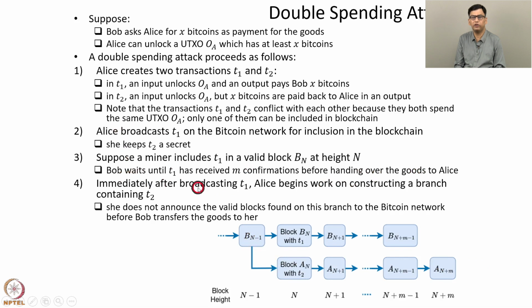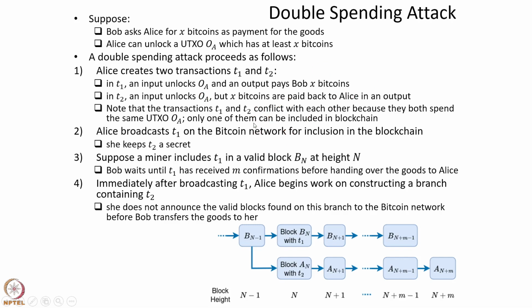Alice does not announce the valid blocks found on this branch to the Bitcoin network before Bob transfers the goods to her. The purpose of T2 is to conflict with T1 and to spend the same bitcoins which correspond to the output OA. These bitcoins are paid back to Alice, so that Alice does not lose the X bitcoins, but Alice still gets the goods. So this is the double spending attack.